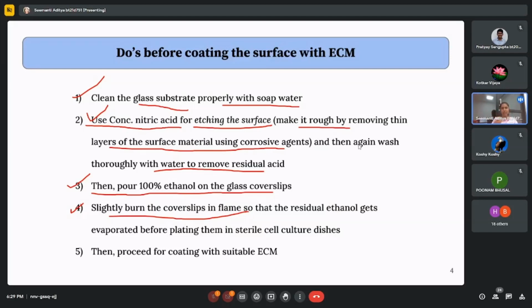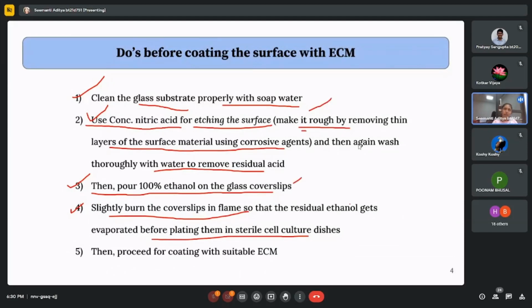Once the residual ethanol is removed, the cover slips can be plated in sterile cell culture dishes. Basically, the whole cover slip bunch should go through the same procedure of cleaning with soap water, then etching the surface, and then putting alcohol on them.